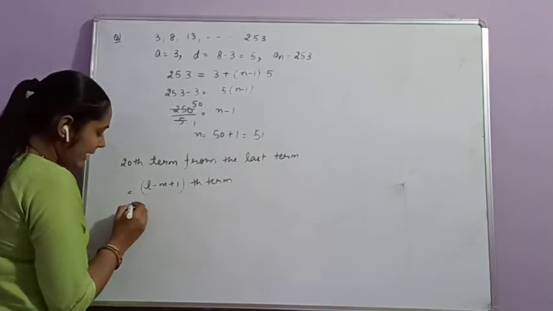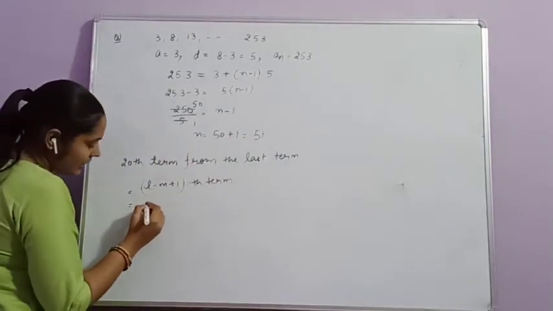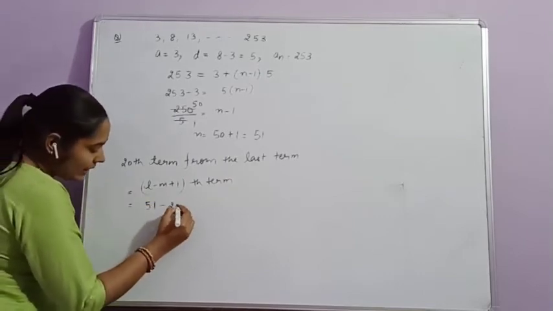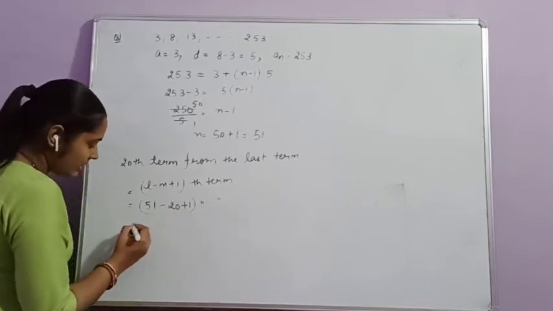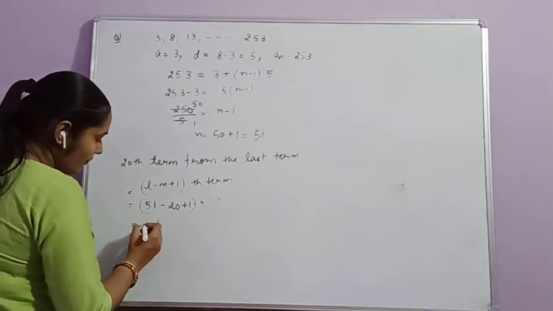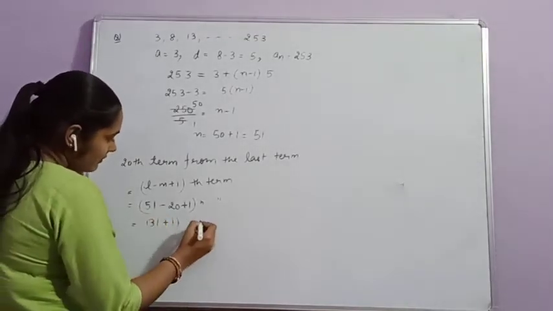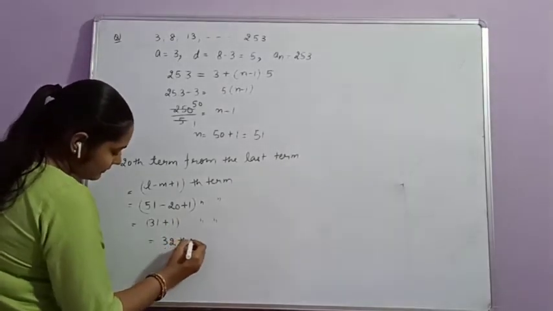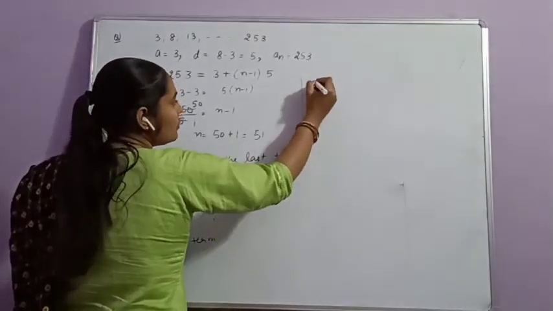L is total number of terms in AP series, and we have found out it is equal to 51 terms, minus value of M is 20 plus 1. That is equal to 51 minus 20, that is equal to 31 plus 1. That is 32th term.